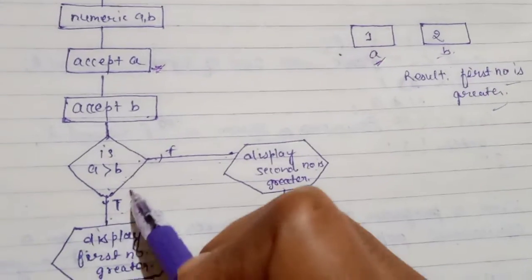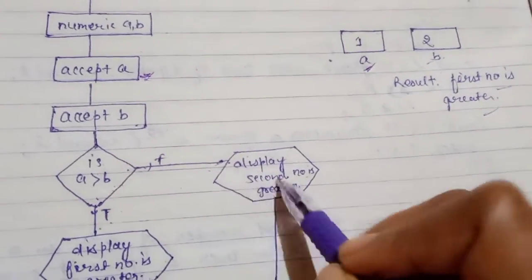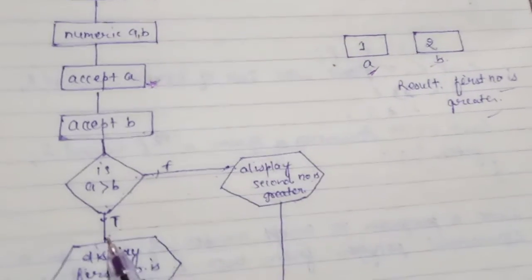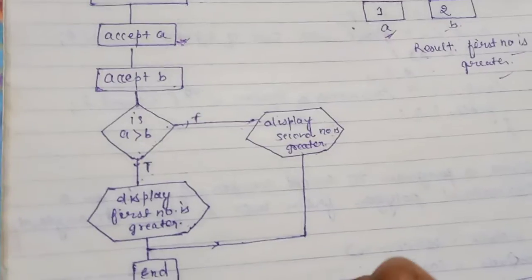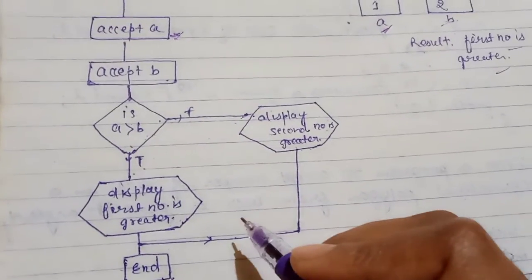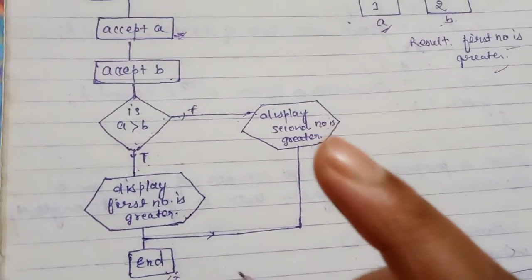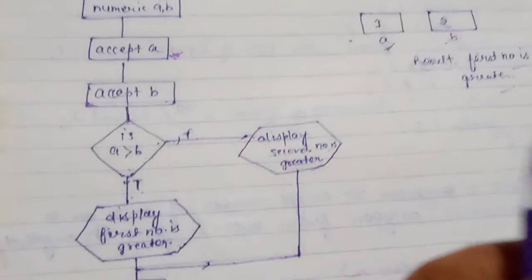You have to follow this condition: this is the true condition, this is false. If 2 is greater, then the first will be false. There are two conditions, but only one condition can be true, because both cannot be true at one point, right?